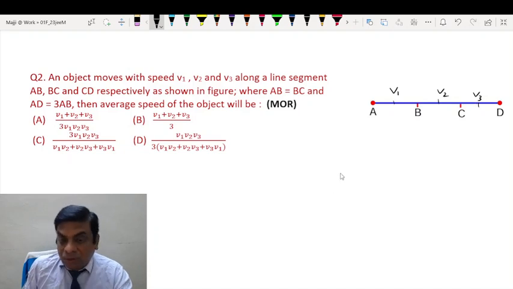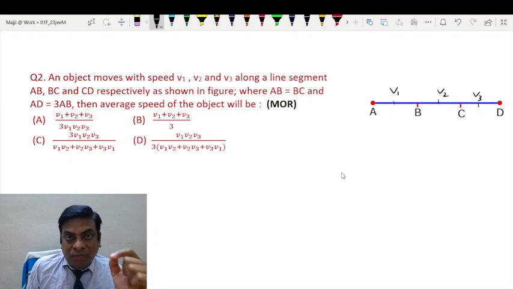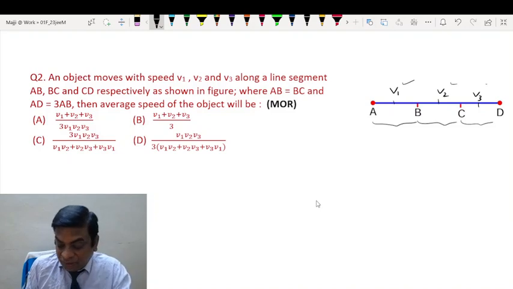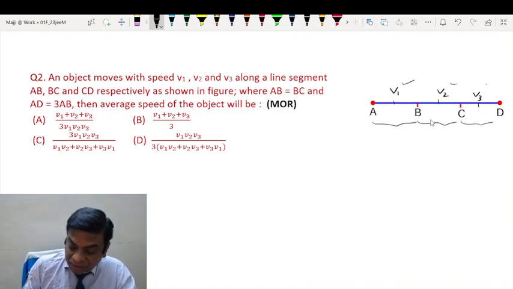Now students, I have already specified in one of the earlier videos that if a particle travels with different speeds for equal distances, then the average speed can be calculated using the number of segments. You can see how many segments there are: 3 different segments.